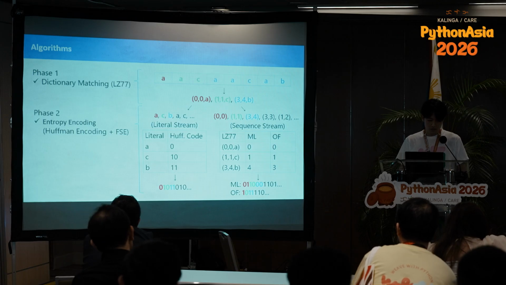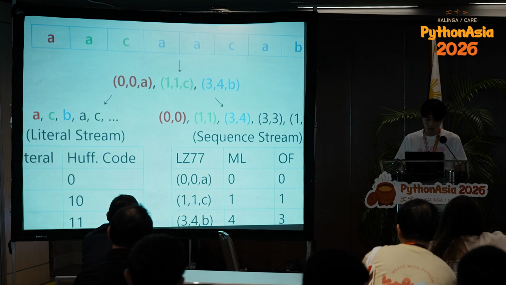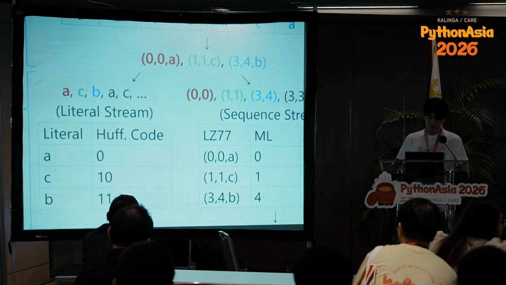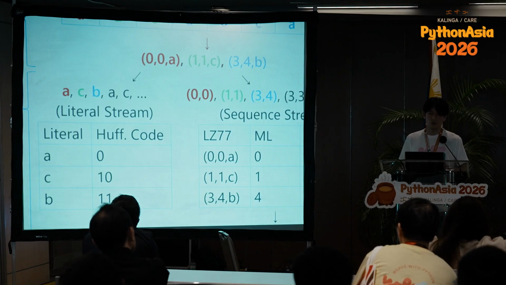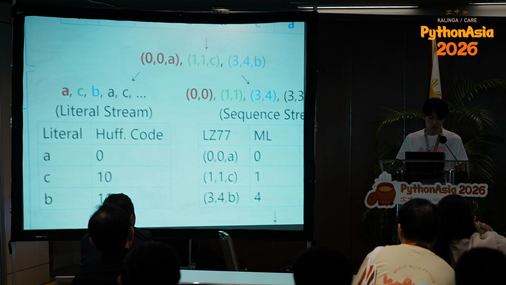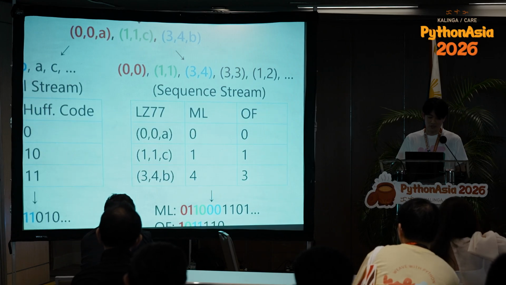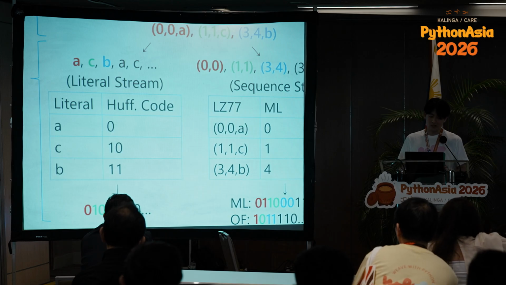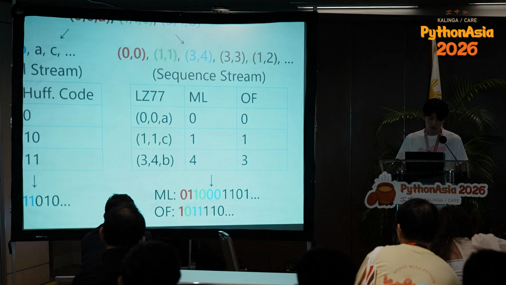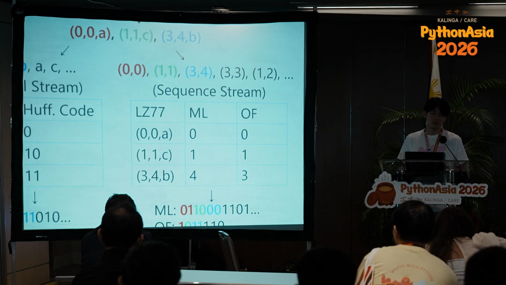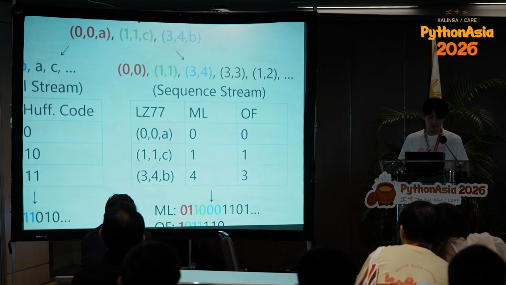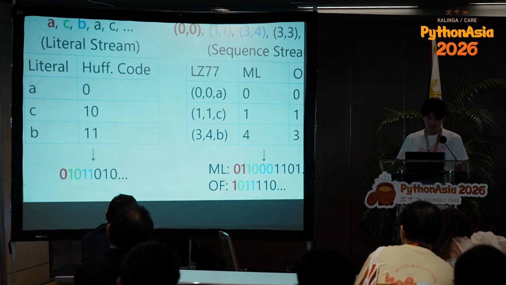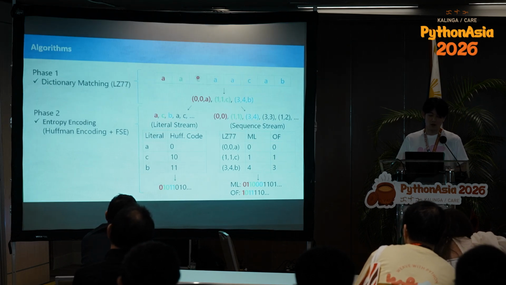So let's zoom in. The LZ77 output will be split into two streams. One is the literal stream, and the second one is the sequence stream. The literal stream is encoded with Huffman encoding, and the sequence stream is encoded by FSE.